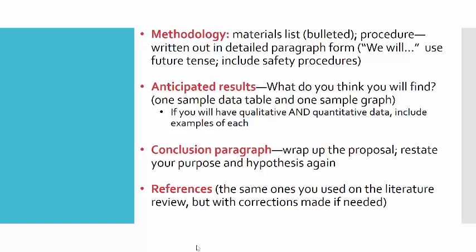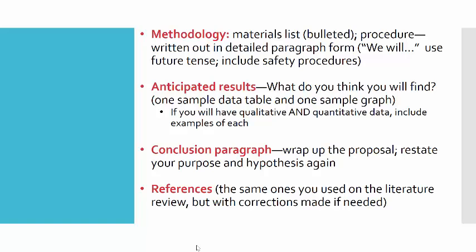Next, you're going to have a section called anticipated results. This is what you think you might find, and you don't necessarily need a statement here. This is where you would actually put a sample data table that you could use to gather data and record it during your experiment. And this is where you would put a sample graph that you would use.